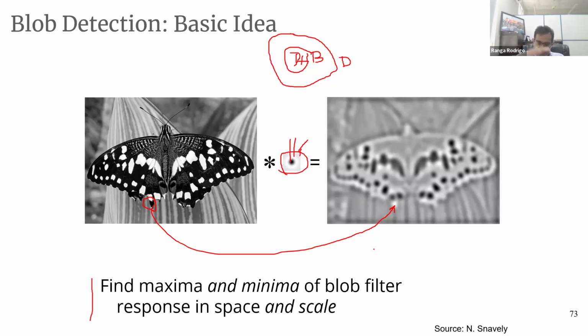Because we are doing this at different scales of the blob, at some scale it will maximize. We want to find what that scale is at every single location of interest, so that you can see the maxima and the minima in this one.